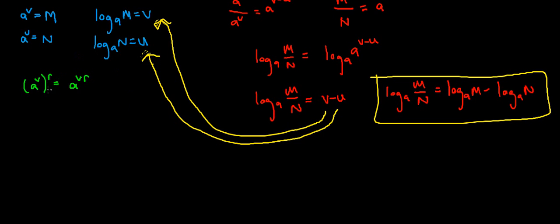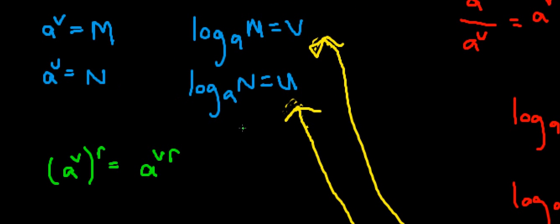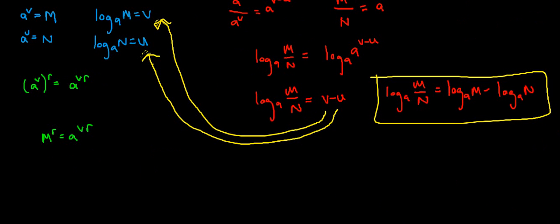Now the first thing I'm going to do is say a to the v is equal to m. So m raised to the r is equal to a to the v times r. I don't have to replace both if I don't want to. It's the same thing. I can replace one if I want to. Oops. Didn't mean to do that.